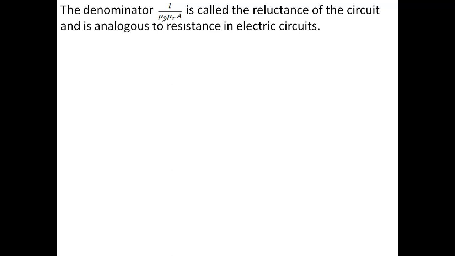L by mu naught into mu r into A is called the reluctance. It is similar to the resistance in electrical circuits. What is the purpose of the resistance? It opposes the flow of electrons or the flow of current.